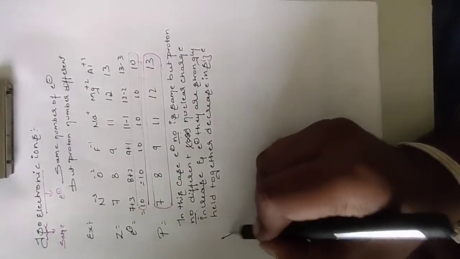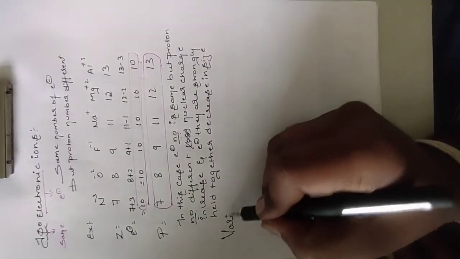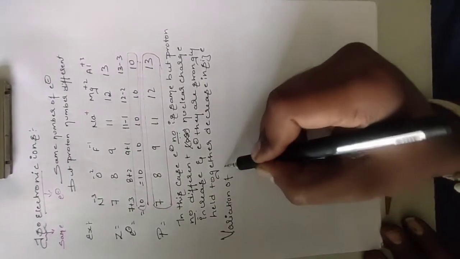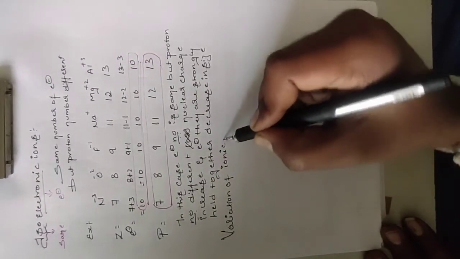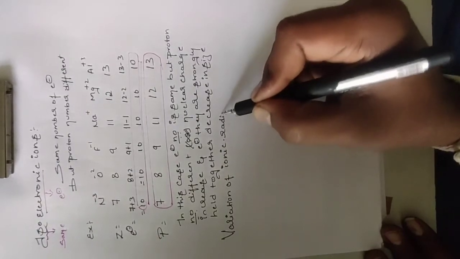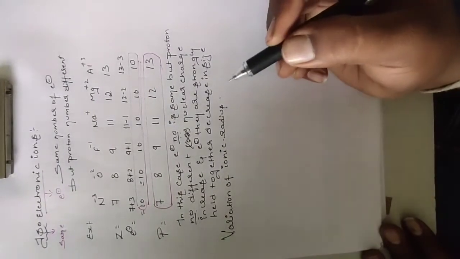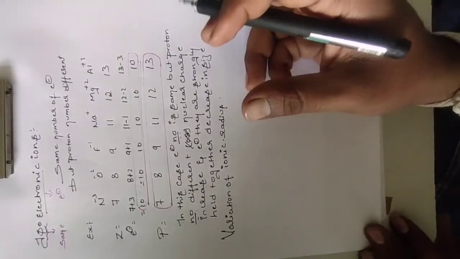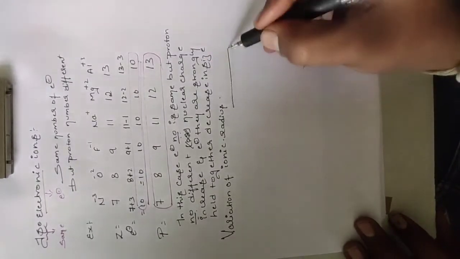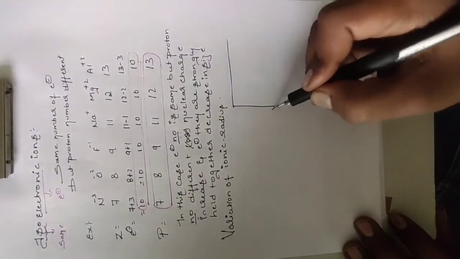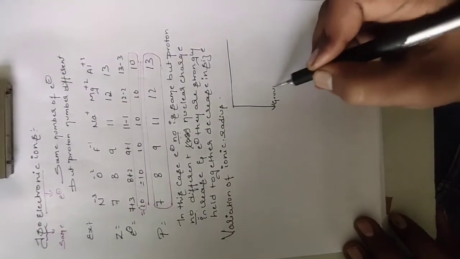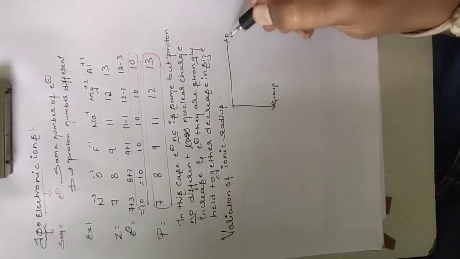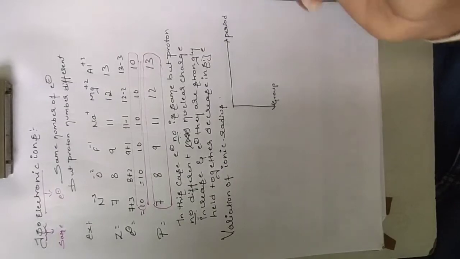Then we are going to talk about the variation of ionic radius. Okay, what happens in ionic radius? In the periodic table, I don't want to tell again what is a group and what is a period. Already I taught you.